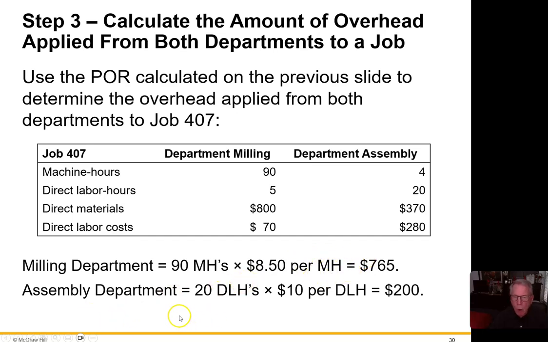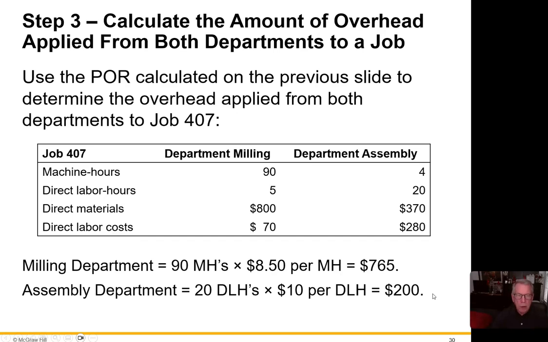So for overhead, in milling, we're going to take the 90 machine hours times the $8.50 per machine hour to get $765 for this job. In the assembly, we're going to have 20 direct labor hours, and we'll multiply that times the $10 we calculated per direct labor hour to get $200. Again, remember, these are estimates.